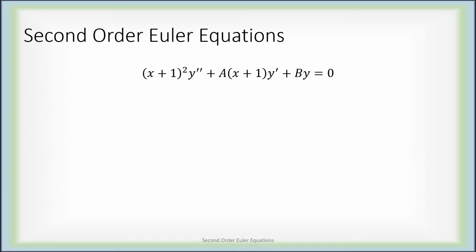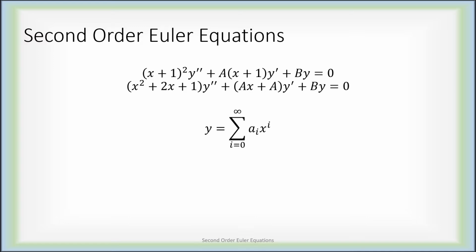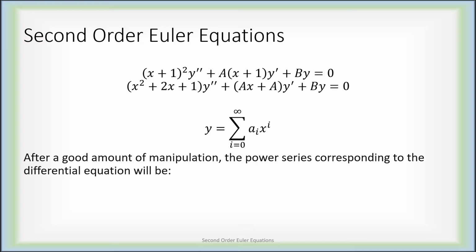So here is this Euler equation that we've recentered. We expand everything out, and now we can presume that our solution y is a power series centered at 0. After a rather lengthy amount of manipulation, we have this power series for y. We can multiply a derivative by a constant or by ax, or we can take two derivatives, multiply by x squared, and recombine.